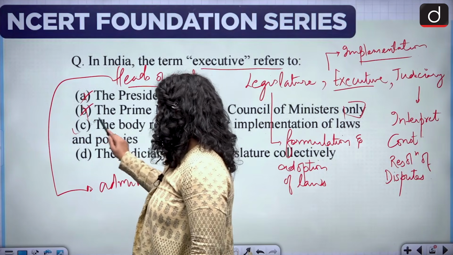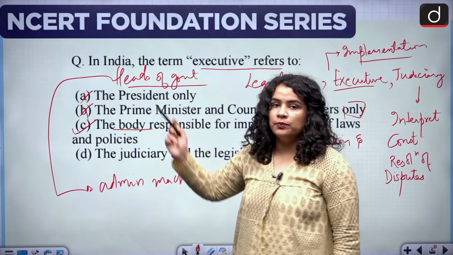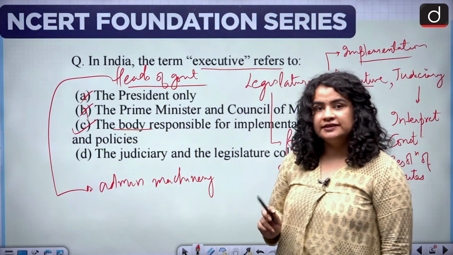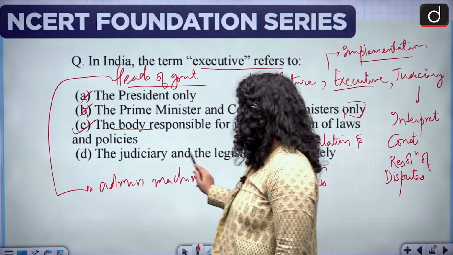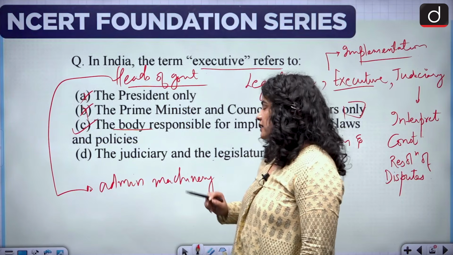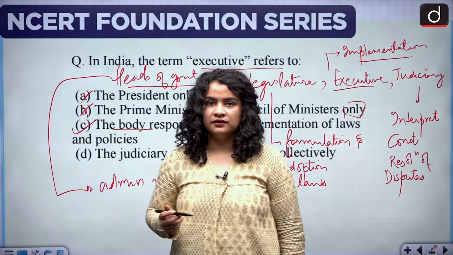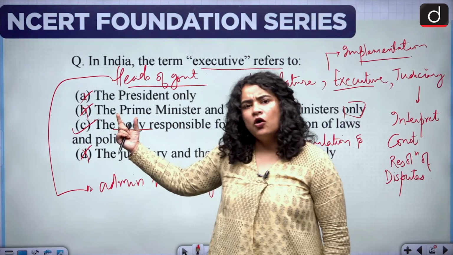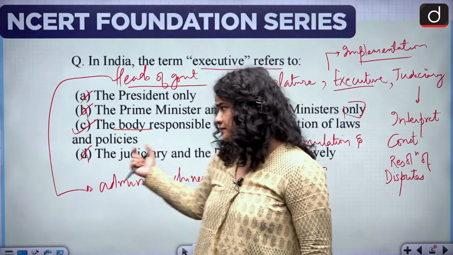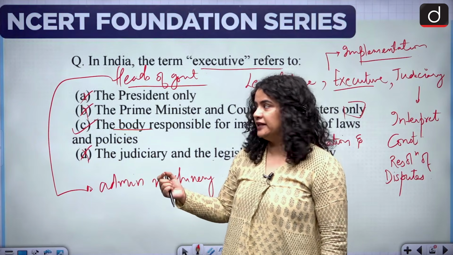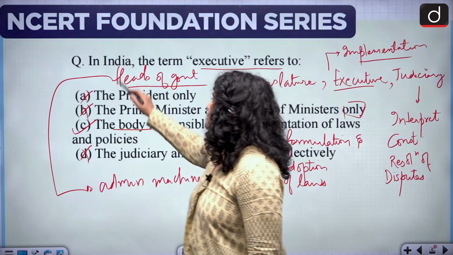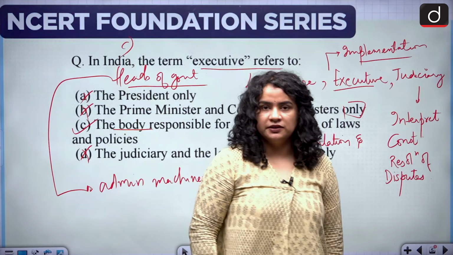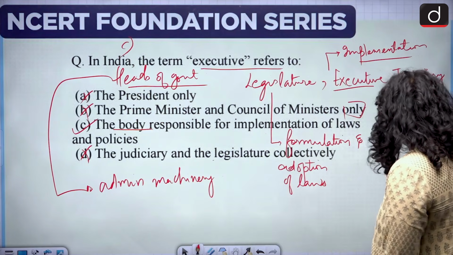Absolutely, the entire body consisting of your political as well as permanent executive. Option D says the judiciary and the legislature collectively. No, absolutely not, and this seems to be a very obvious wrong option that can be eliminated. So with this, we come to our correct answer, which is option number C. I hope that is clear.